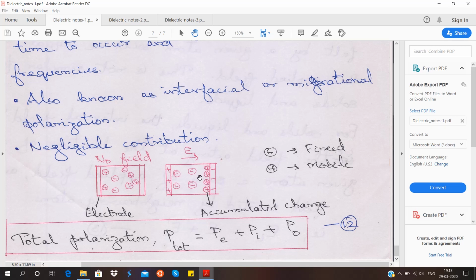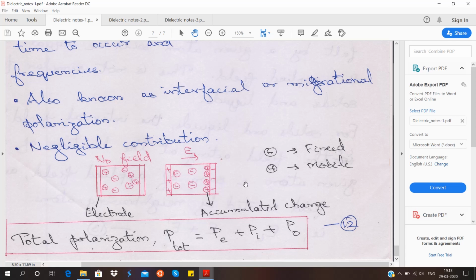This kind of polarization is known as space charge polarization, movement of the charges in space, that means with respect to position. Another term is interfacial polarization or migrational polarization. Migration in the sense of the attempt to move from one material to another material.